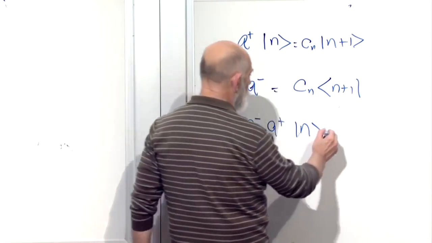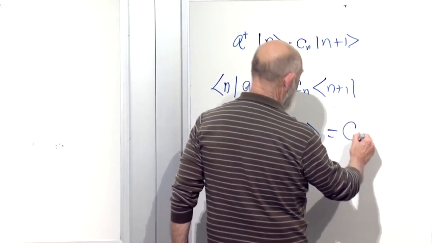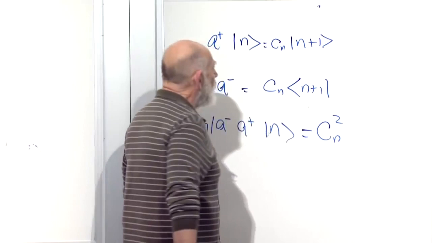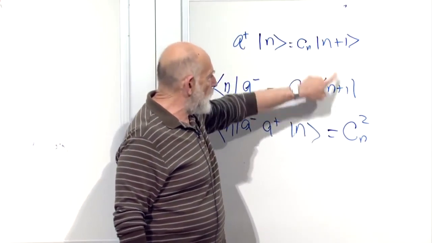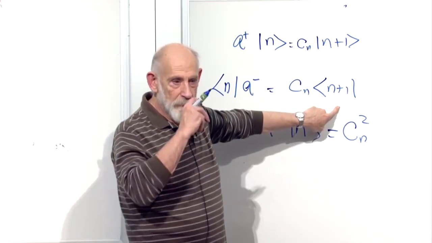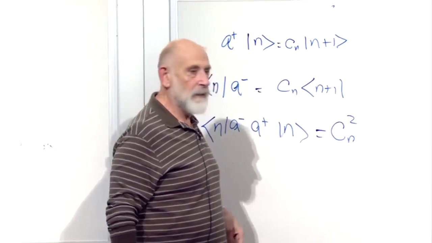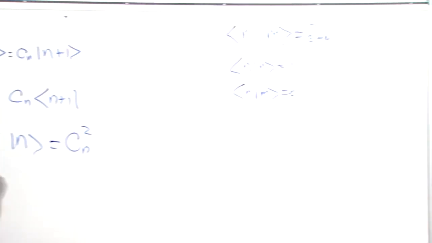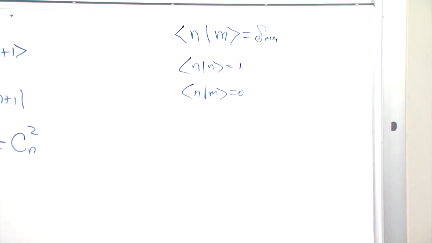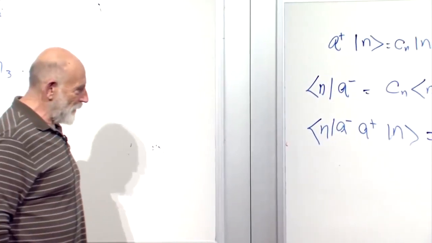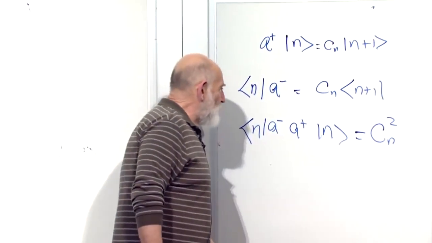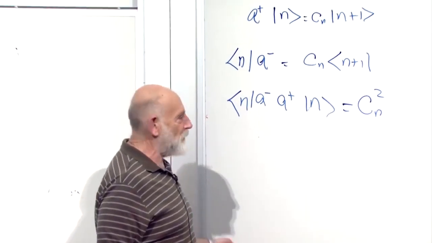And that's going to equal Cn squared times the inner product of this vector with this vector. But what's the inner product of this with this? 1. Every one of these vectors is normalized to 1, so it's just 1. So now we have a tool to figure out what Cn is. All we have to do is juggle the A pluses and A minuses in a clever way.